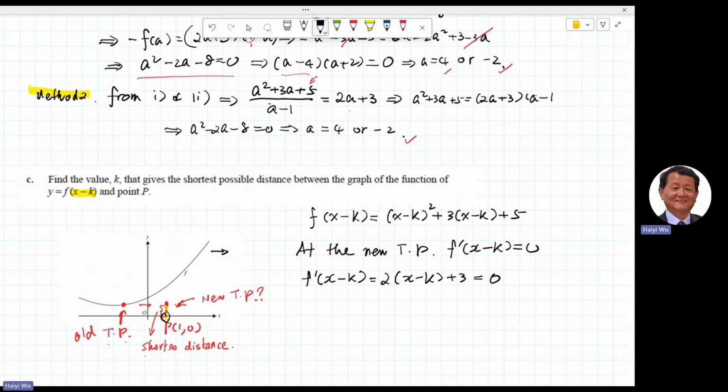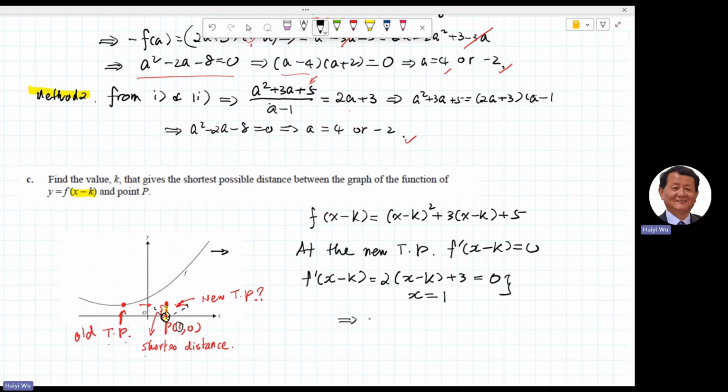Now, because we move to the new position, the x has to be directly under point P. That means x must be equal to 1. Because that's the shortest distance geometrically. If you move to another place, it won't be the shortest. If you move to here, that's longer. Move to here, that's longer. So directly underneath P means x must be equal to 1.